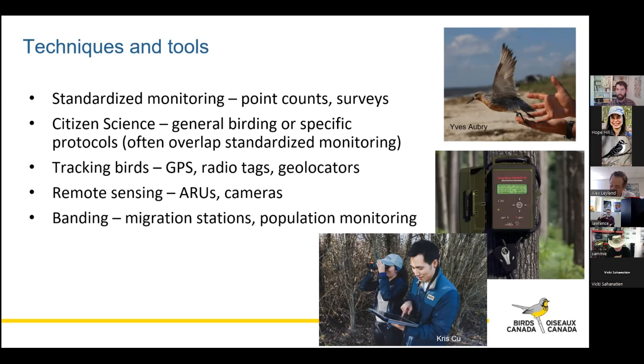You don't have to be a trained biologist necessarily to do these types of surveys. Some different tracking techniques, so actually putting devices on birds and figuring out where they go specifically. Remote sensing, I'll just touch on briefly because that's another webinar topic next week. And banding and migration stations and what those can tell you about bird numbers and movements.